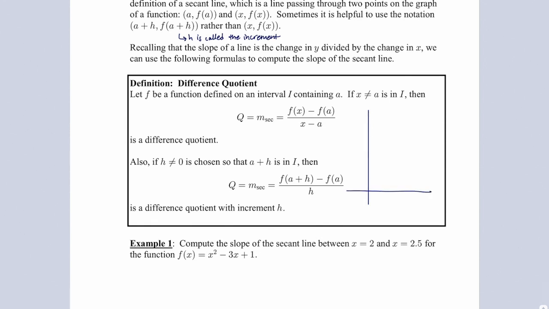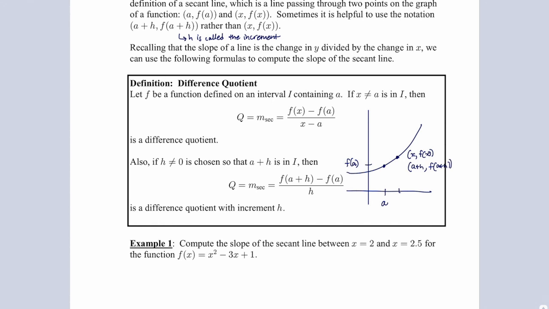I have just a general function and a fixed point, an x value a, and then the corresponding y value f of a. And I want to choose points close by. I could call that close by point x, f of x, or I could call it a plus h, f of a plus h. Either one is totally appropriate.